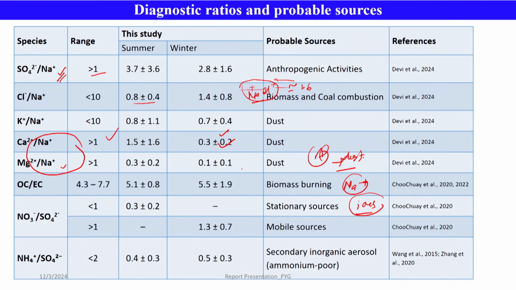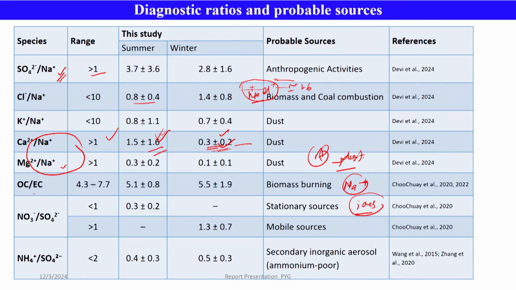For example, calcium to sodium ratios were more than 1 during the summer season, but the ratios become less, about 0.3, in winter. So in summer you can see very clearly the dominance of road dust aerosols, but in the winter season the dust aerosols contribute less.